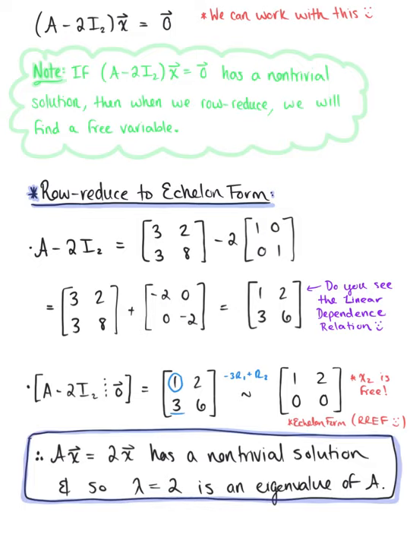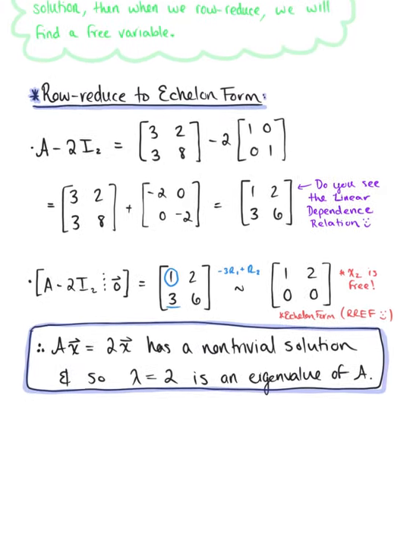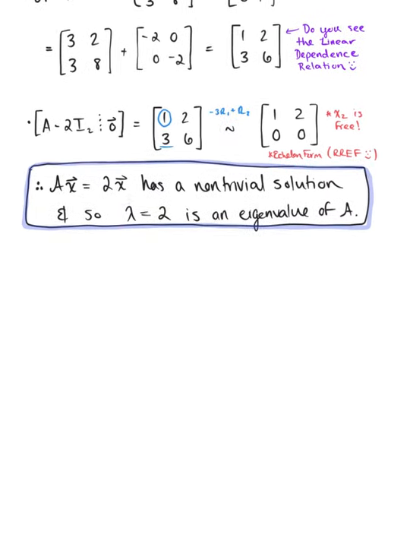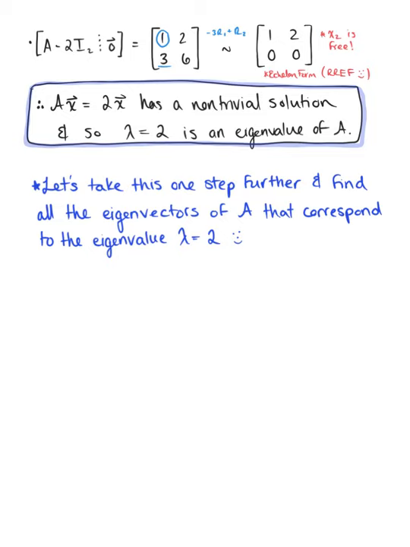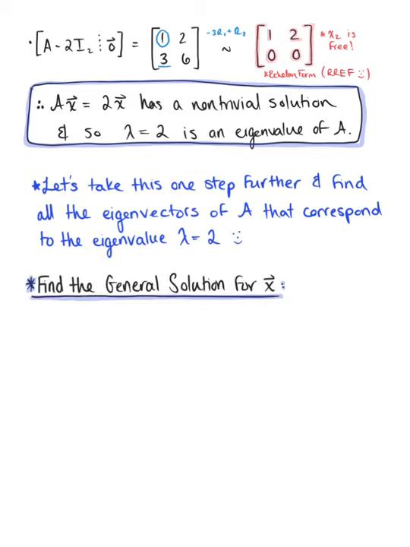Now, let's take this one step further. Let's say that we want to find all the eigenvectors of matrix A that correspond to the eigenvalue lambda equals 2. So how do we do this? We do this by simply taking this matrix in echelon form and finding a general solution for vector x.